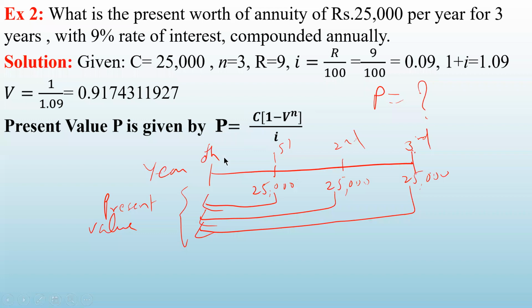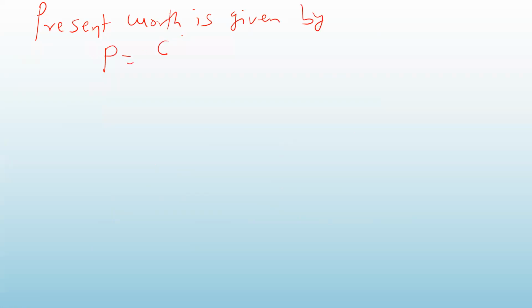So put this in the formula. Present worth is given by P equal to C into 1 minus V to the power N divided by I. What is V?